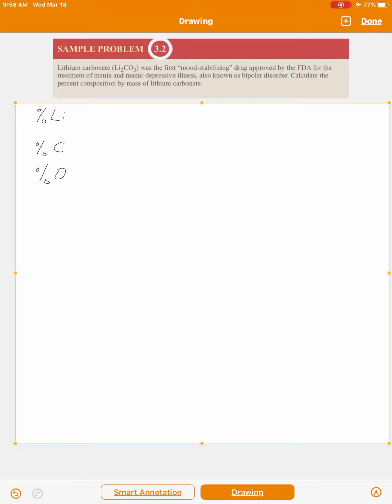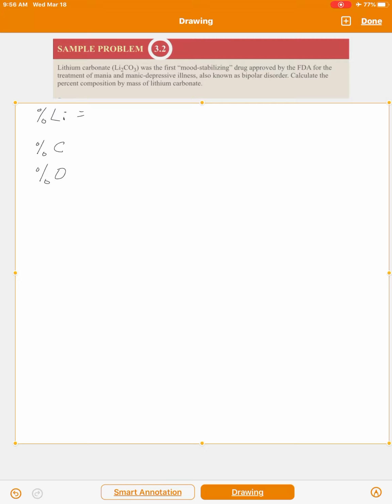So here's how you go about it. It's a very simple calculation. Some of these calculations are really simple. This is one of them. It's fun to do. You essentially write out how much each element weighs and then divide that by the either molecular mass or formula mass.